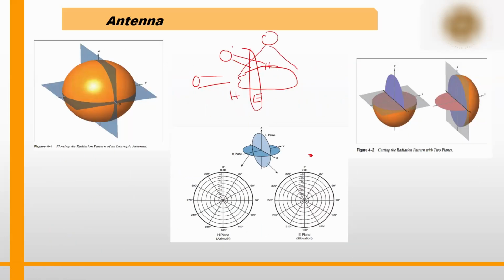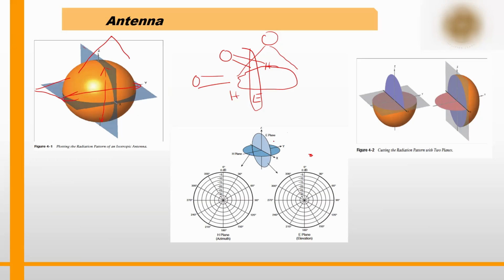As you can see here, this is the H plane when you're looking from above. This is the E plane when you're looking from the side.